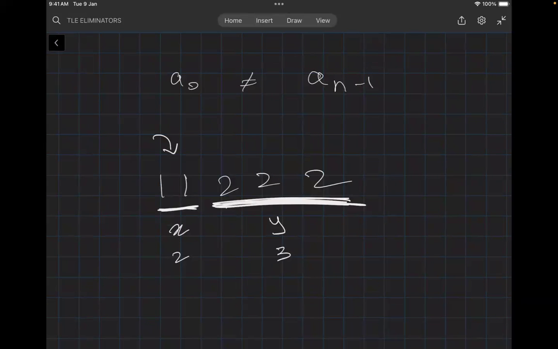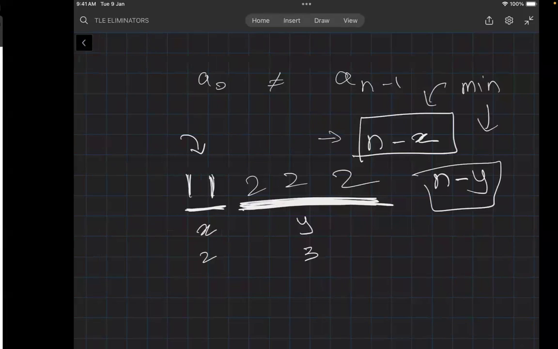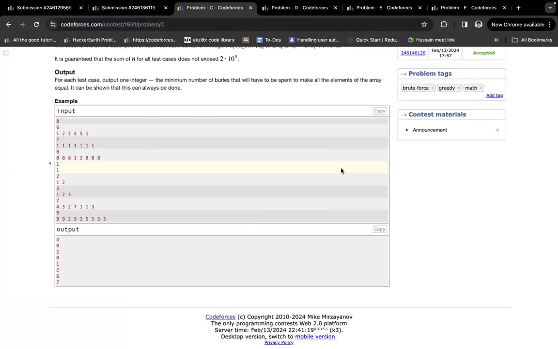If I choose to make all elements equal to 1, I will have to change n minus x elements, so the cost will be n minus x. But if I choose to make all elements equal to 2, then my cost will be n minus y. So whatever is the min of both of these is what my answer is going to be. Is this much clear, guys?